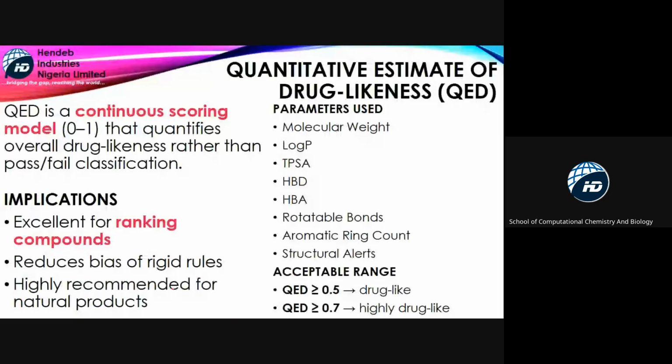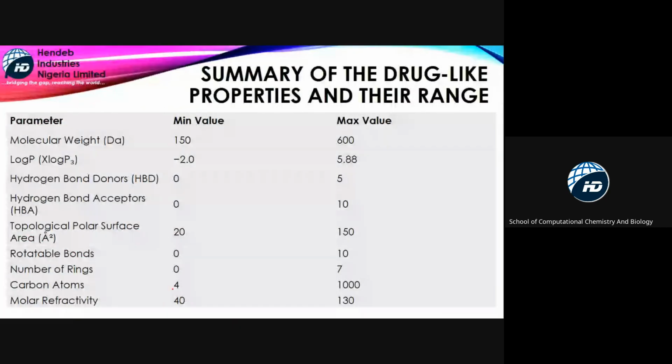So quickly, we are going to move into hands-on. This is a summary of the drug-like properties and their range. So I was able to summarize the properties that define whether a compound will be drug-like or not.